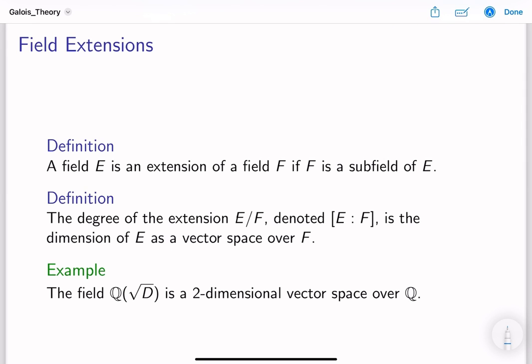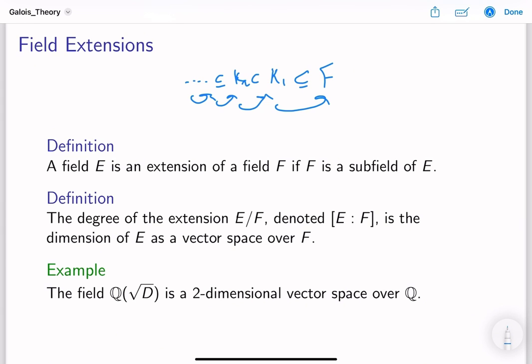Most of the time in Galois theory, we're interested in understanding some field F, and the way we're going to understand F is by building up to F. We're going to consider subfields of F, K1, K2, and so on, building our knowledge until we reach some useful info about F.